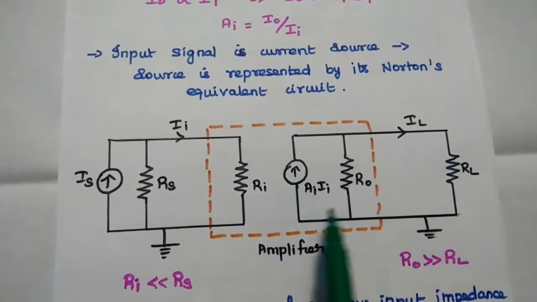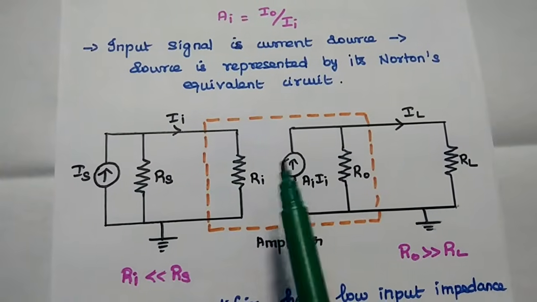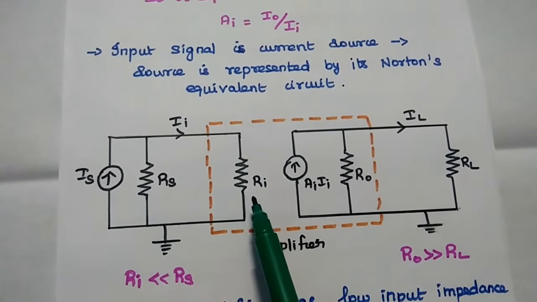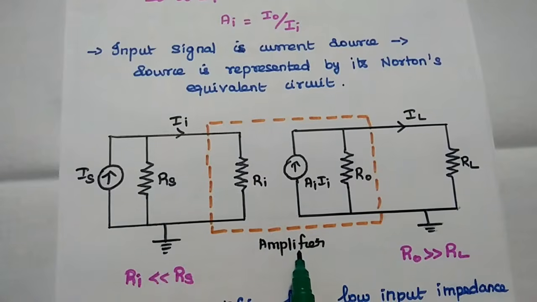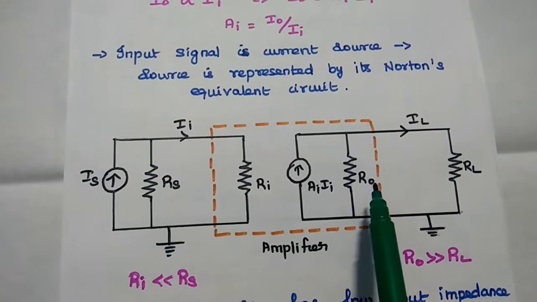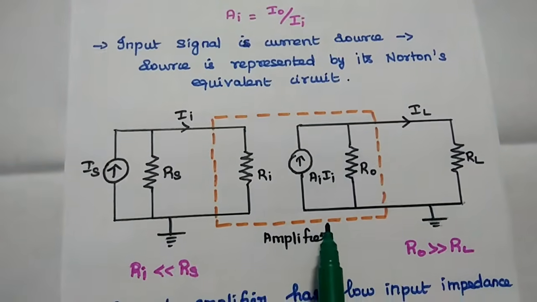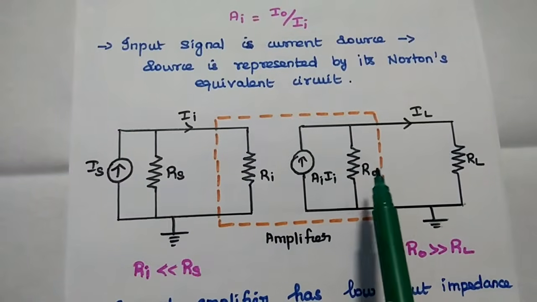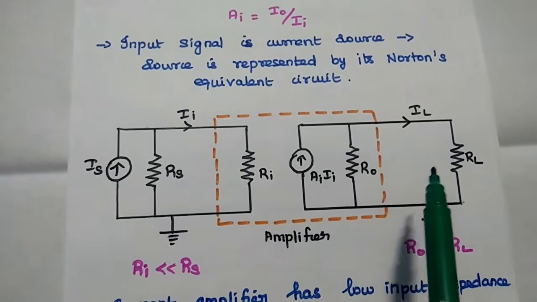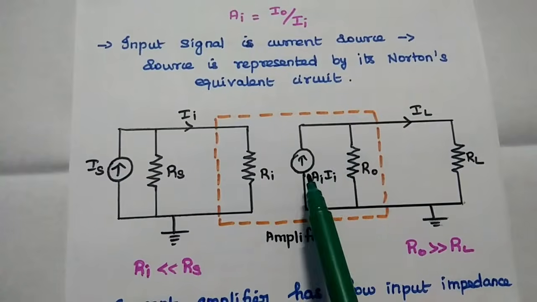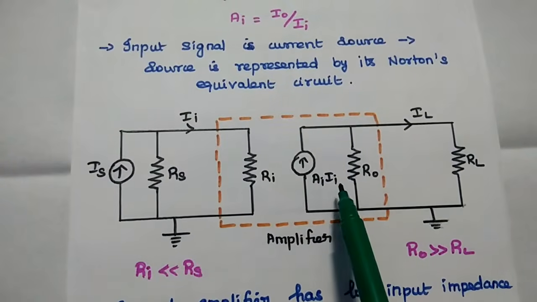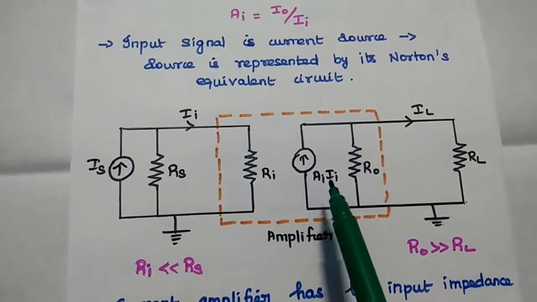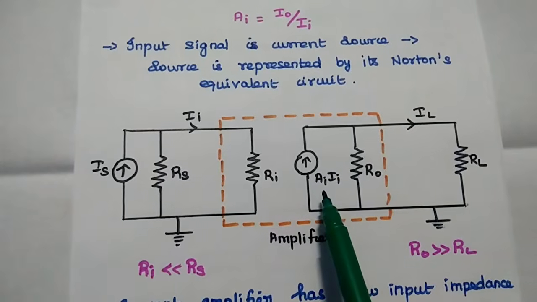The amplifier can be represented as Ri, that is the input impedance of this amplifier, and this Ro is the output impedance of this amplifier. We are going to get the amplified current output signal. Then we can use AI times II. Here AI is the gain of this amplifier. Do you all understand this?